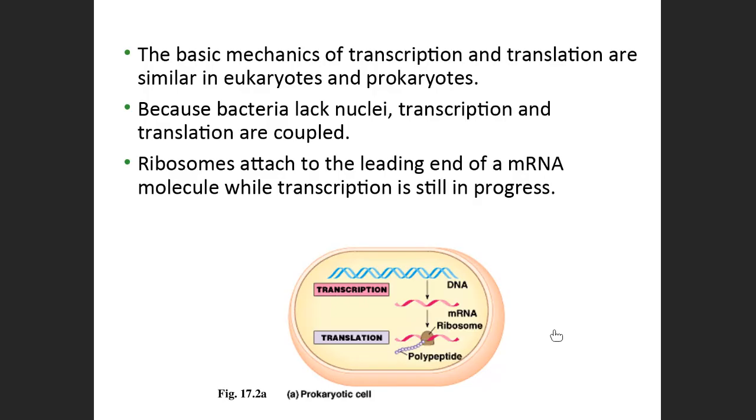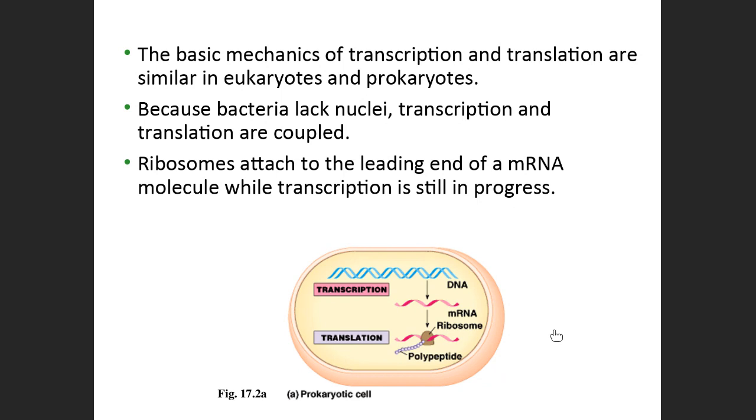So what that means is that in bacteria, or in prokaryotes in general, as the messenger RNA is being transcribed, it can simultaneously also be translated. So as the prokaryotic cell is transcribing the DNA into RNA, the end of the RNA that's already been synthesized can hook up with a ribosome and start being translated even before the messenger RNA is complete.